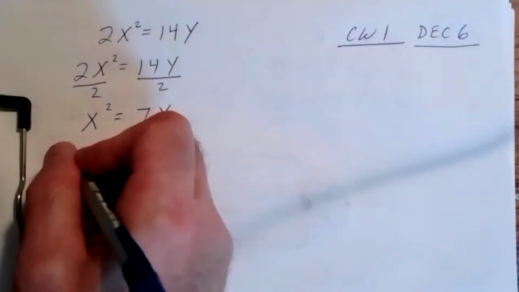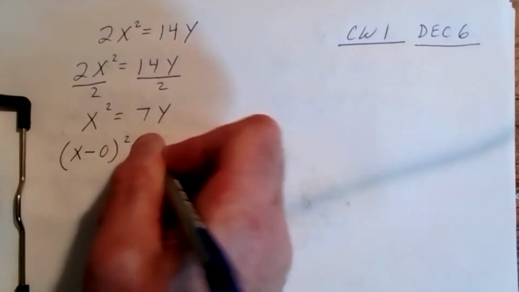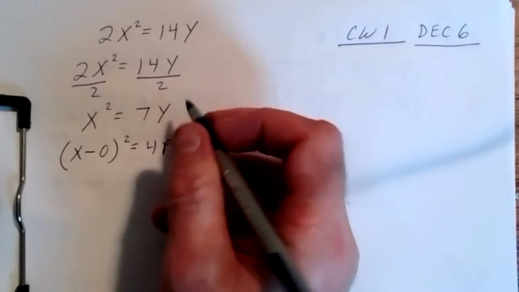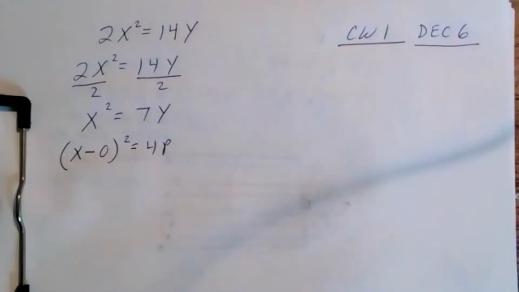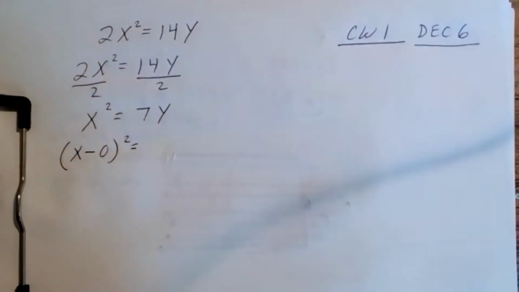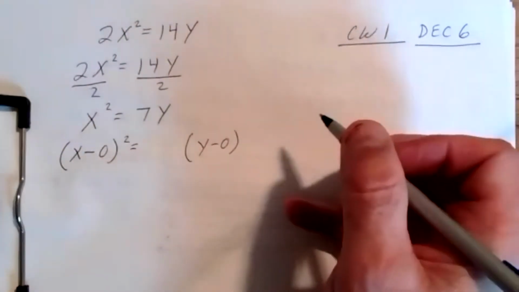Now let's hammer this into more specific standard form. So we got (x minus 0) squared is equal to 4p times (y minus 0). Well, 4p is equal to 7, right? But I'll just put 7 here for now. So 7, and that's going to be equal to y minus 0.